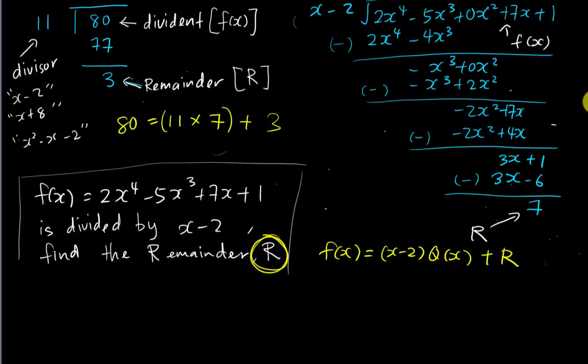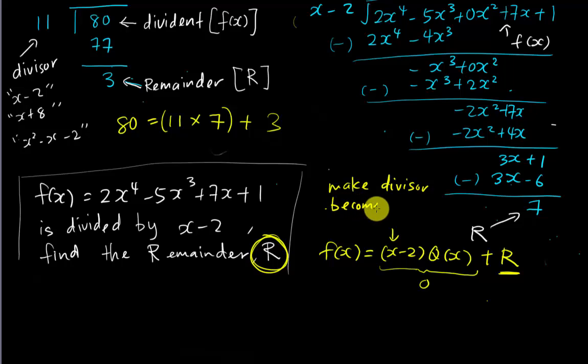So what happens is, in order to straight away get the r value here, my objective is to make the whole thing here become 0. So in order to do that, I will make the divisor become 0.